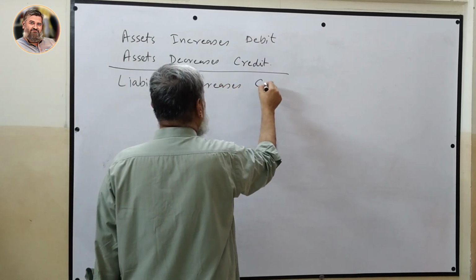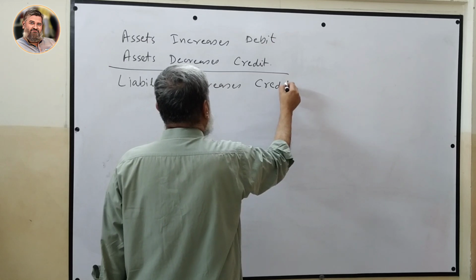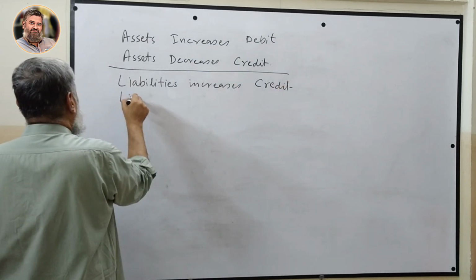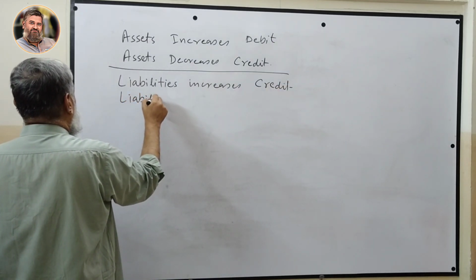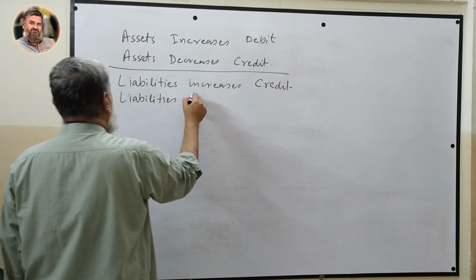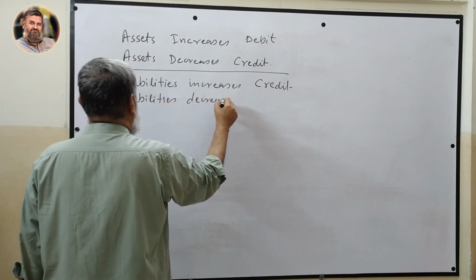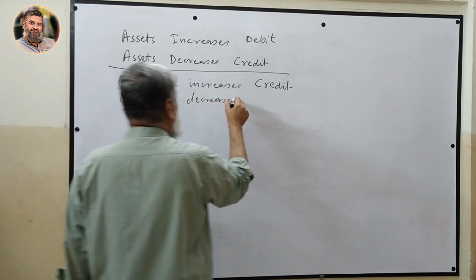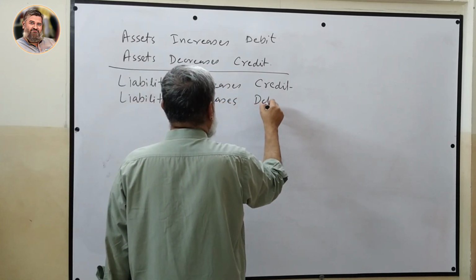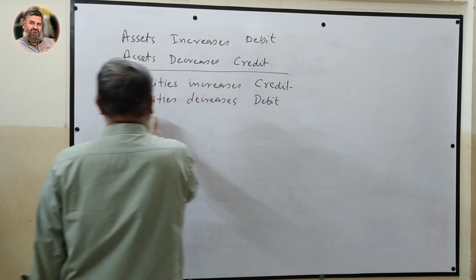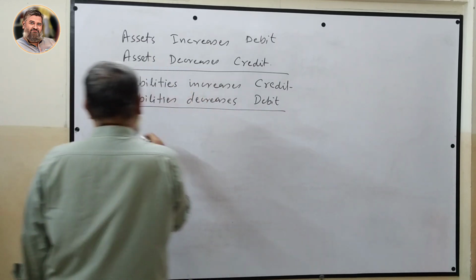When liabilities increase in the business, at the credit side, and if liabilities decrease, at the debit side.